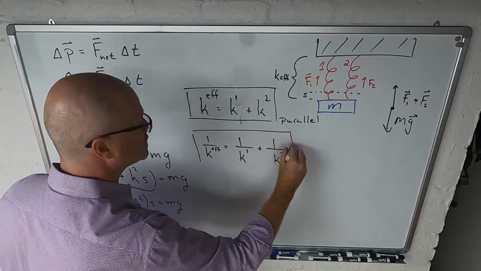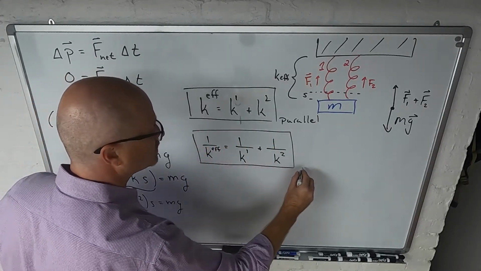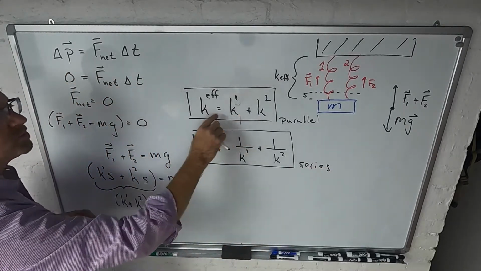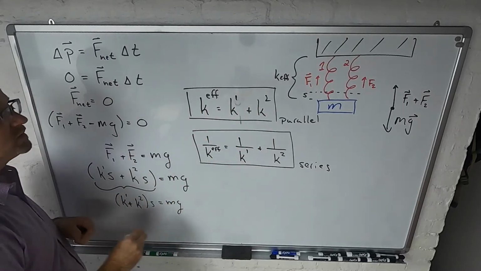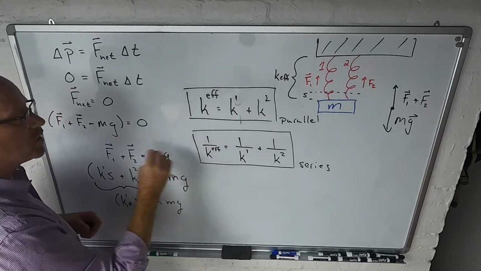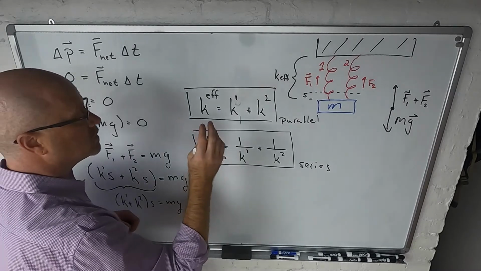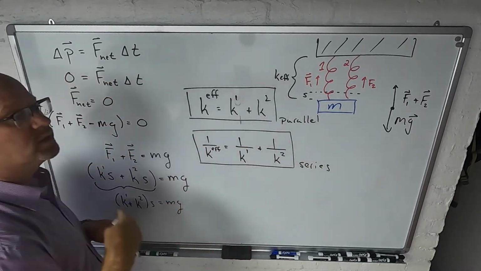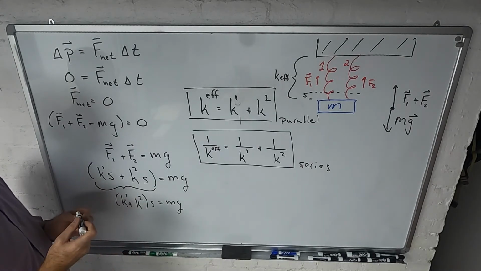So these are two things to keep track of. This is for series. For parallel springs, it's just the sum of the spring constants. For series springs, 1 over the effective spring constant is 1 over the one spring plus 1 over the second spring plus 1 over the third spring, etc., until you've accounted for all the springs.